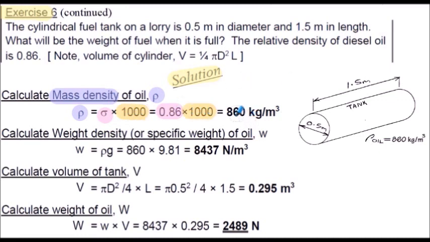So the mass density of the oil in this case is 860 kilograms per meter cubed. Next I've calculated the weight density or specific weight of the oil, simple lowercase w, and w is simply equal to the mass density from above multiplied by gravitational acceleration. So that's 860 multiplied by 9.81 meters per second squared.